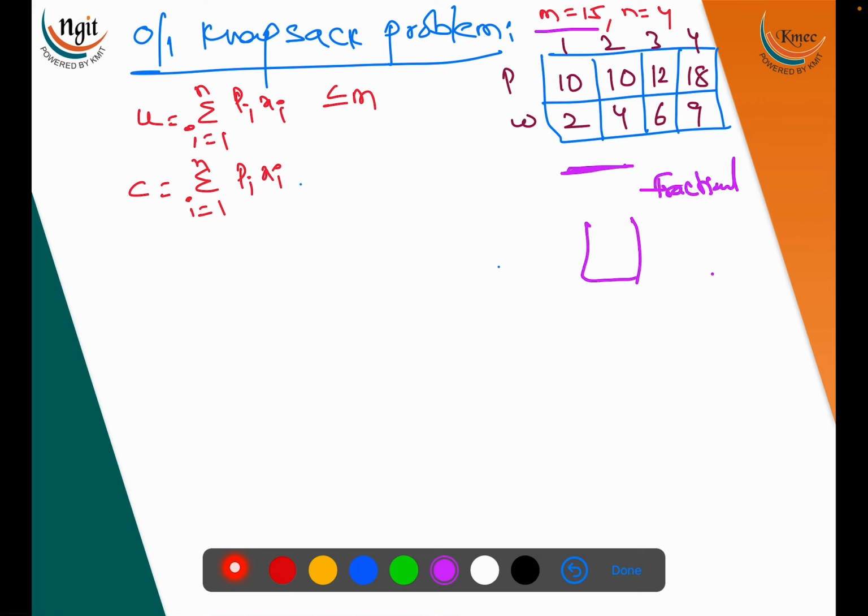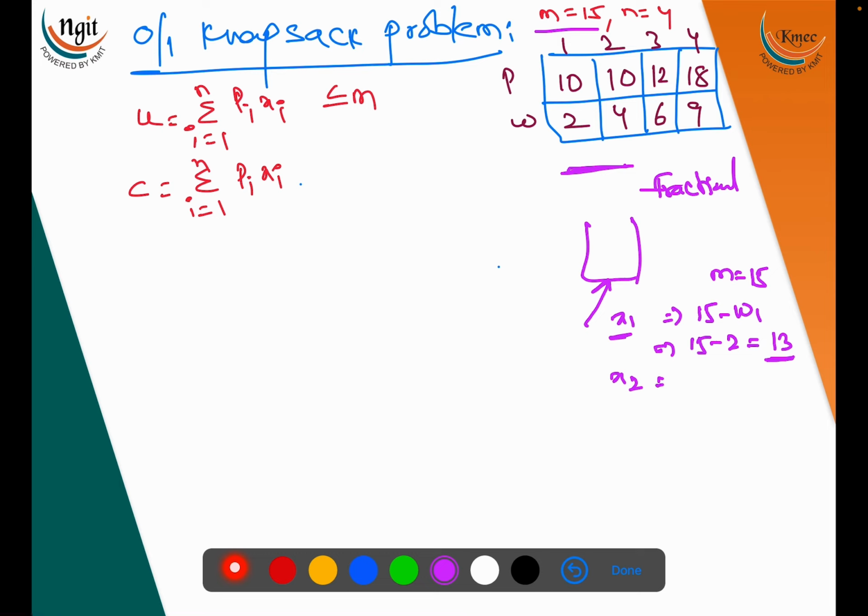Let us suppose m is equal to 15. I am taking the x1 object inside the bag. The weight of the first object, w1, is 2, so 15 minus 2 gives 13. So 13 kg of weight I can still utilize for the next item.